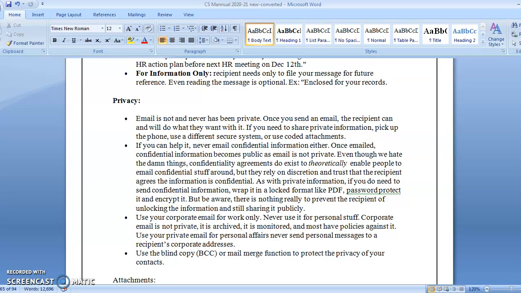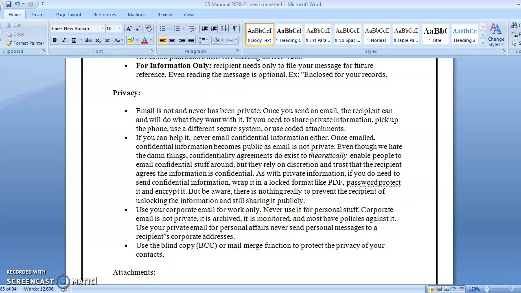Then for protecting your email, use the BCC feature. BCC is the blind carbon copy, so you can keep one copy invisible from the recipient.